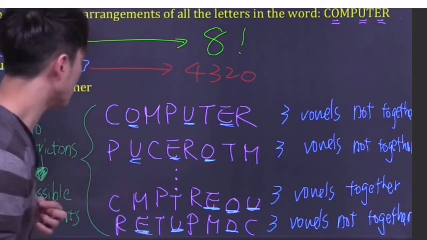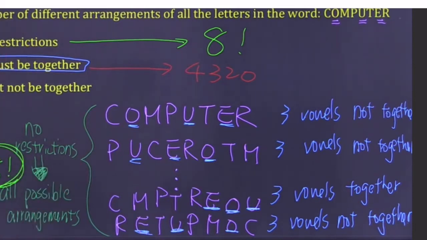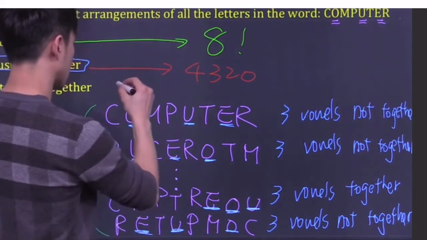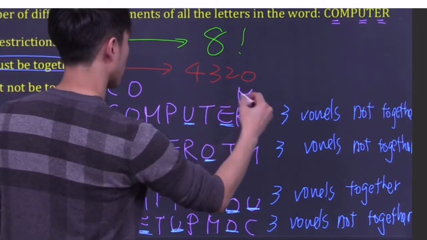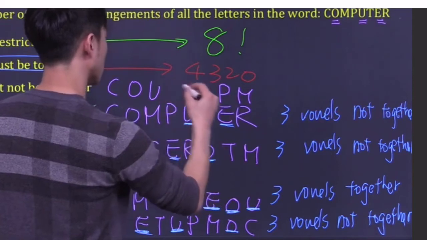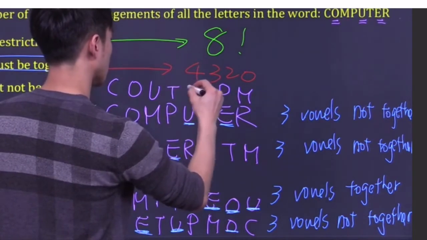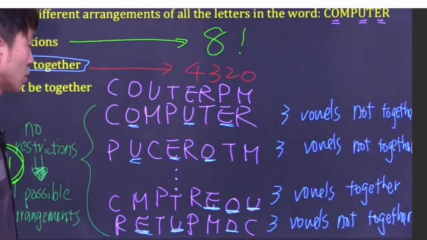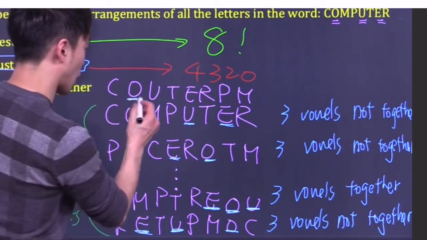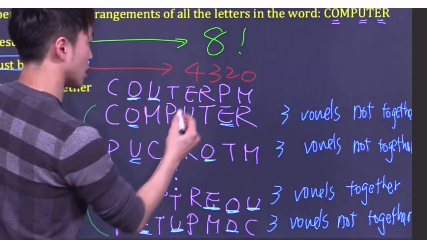For example, guys, I can even give you, how about this one? COMPUTER. How about this case? Now let's look into the three vowels. For this case, O here, U here, E here.